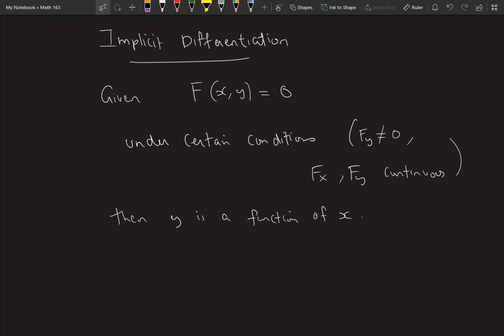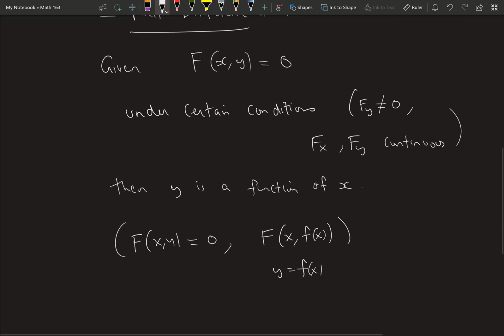So what if you're given a general, like an implicitly defined function y of x? So essentially here this means F of (x, y) is actually, this equation can be replaced with F of (x, f(x)), where y is little f of x. So in this situation, that's true.